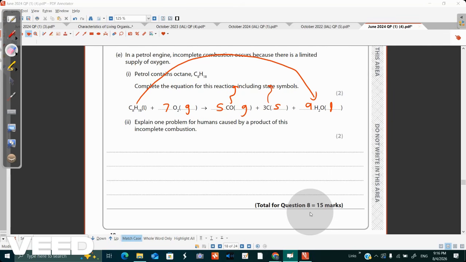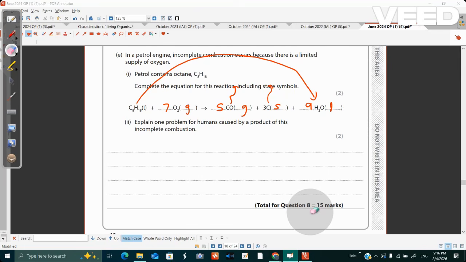So it may cause breathing difficulties, right? You can say carbon monoxide. That is the most important issue actually, the most severe issue.